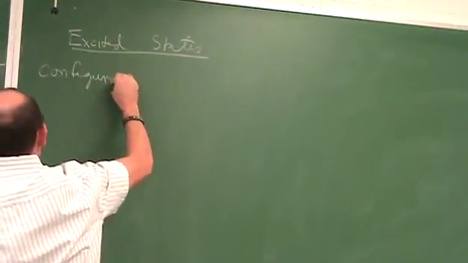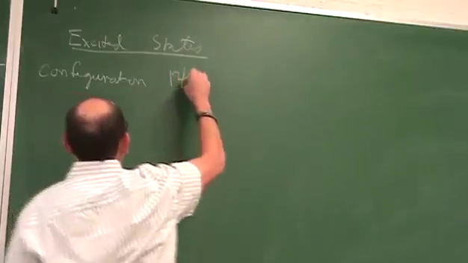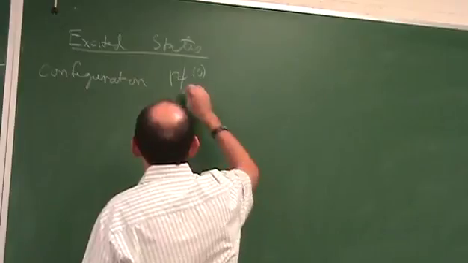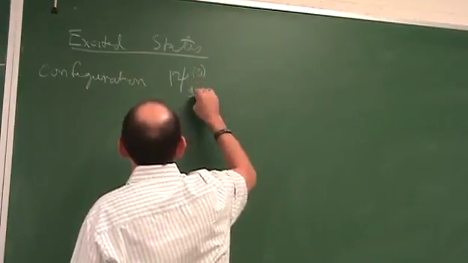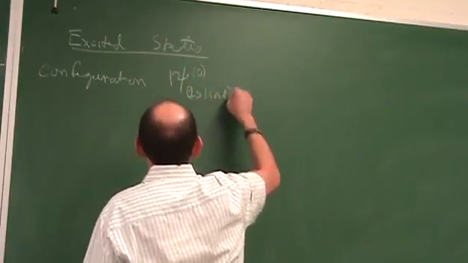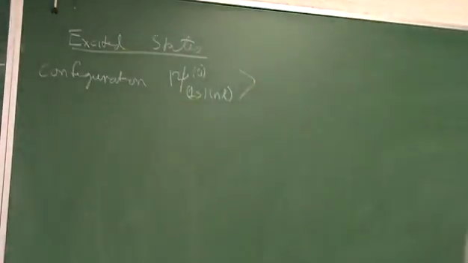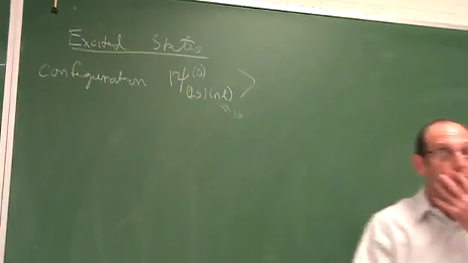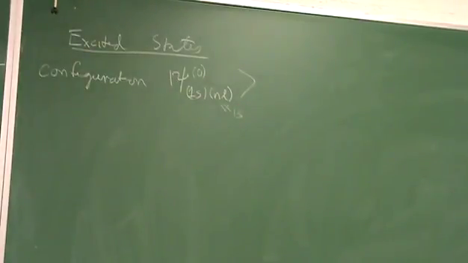So let's start with our 0th order configuration, in which one of the electrons is put in the orbital 1s and the other is in another orbital not equal to 1s. We know, of course, what we just discussed, that there is a singlet-triplet pairing here.